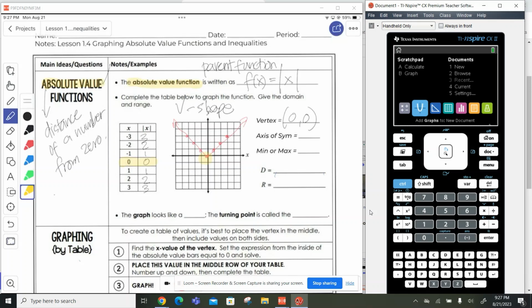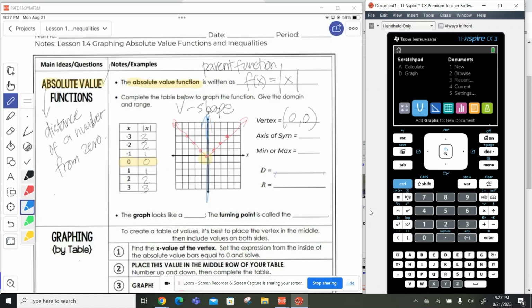Moving on to the axis of symmetry. The axis of symmetry is where the graph is cut or divided in half. So we're going to draw a vertical line across this.